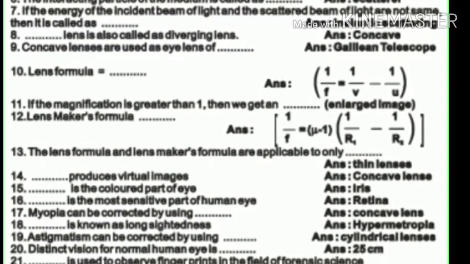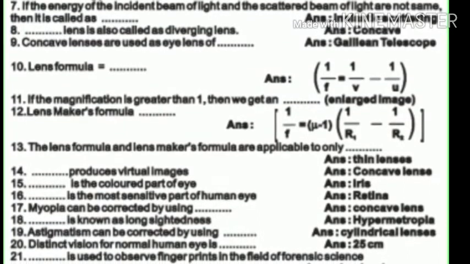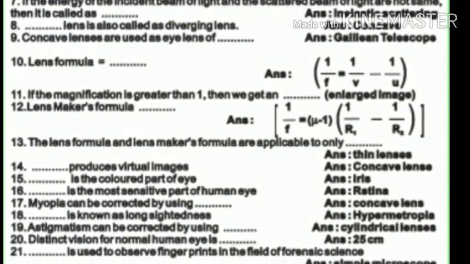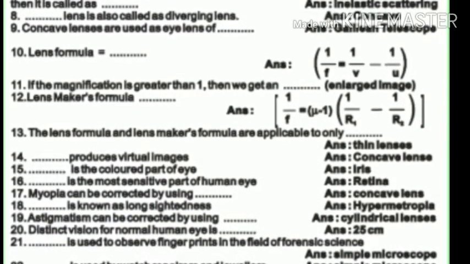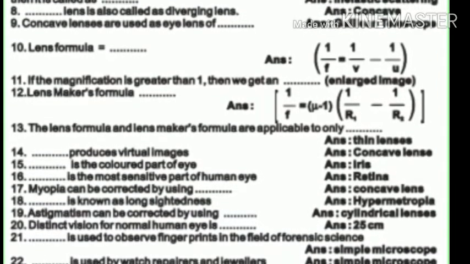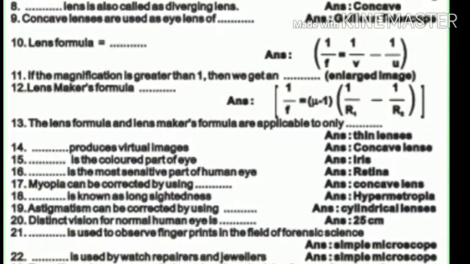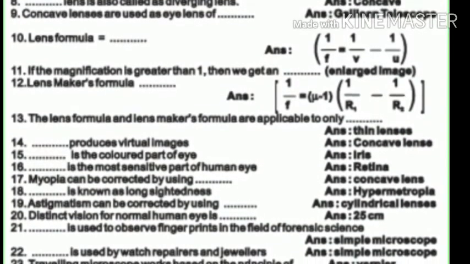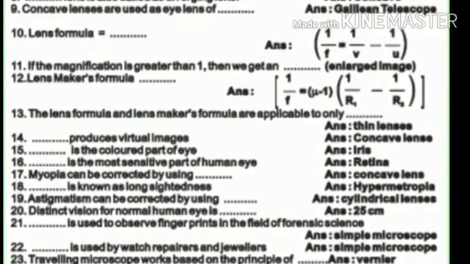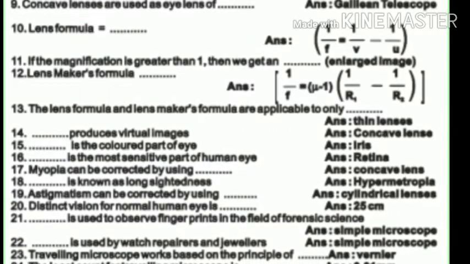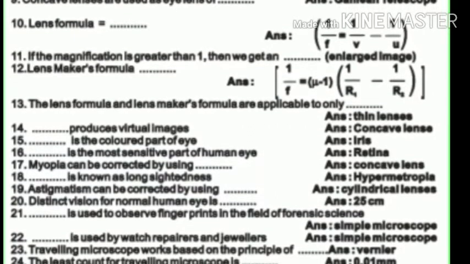Answer is 1 by f equals (mu minus 1) into (1 by R1 minus 1 by R2), the whole. Question number 13. The lens formula and lens maker's formula are applicable to only dash thin lenses.